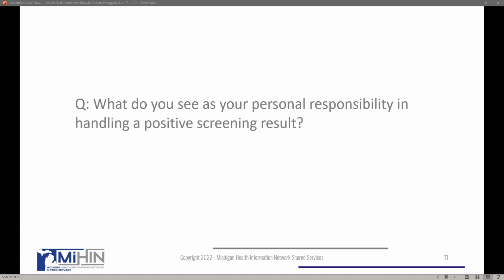Because it's one thing to make sure the patient has the correct referrals and all of those pieces, but it's also really important that the provider not place expectations upon a patient that the person won't be able to do.